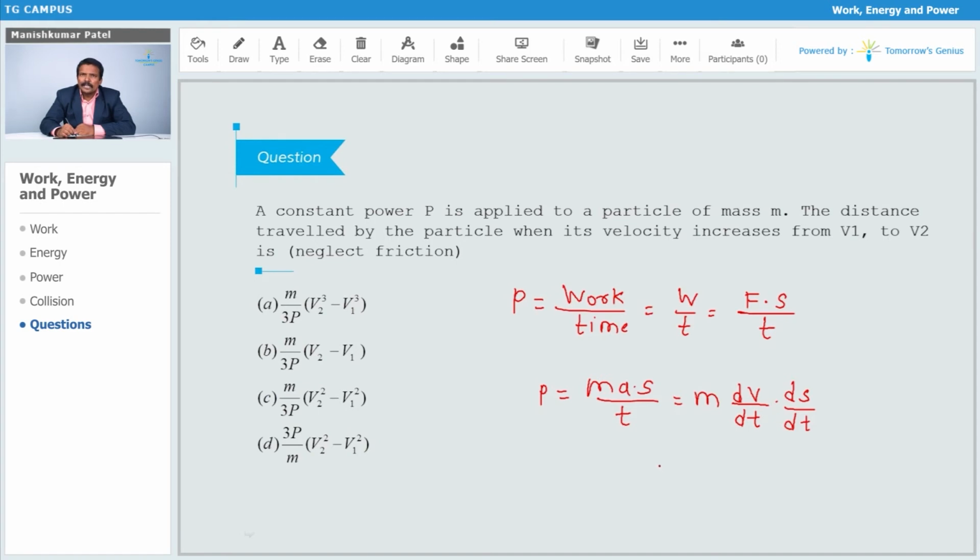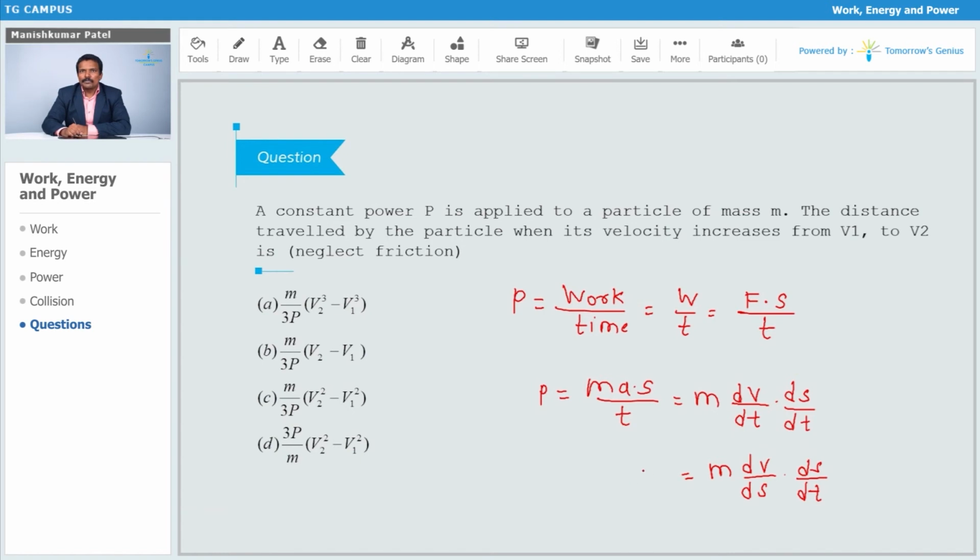Power is the rate at which we are doing the work, so that is mass into acceleration, acceleration is dv by dt, into ds by dt. So for this particular case, I can write it down as dv by ds into ds upon dt.